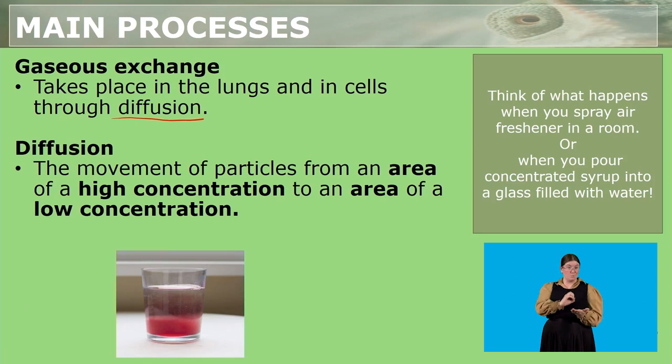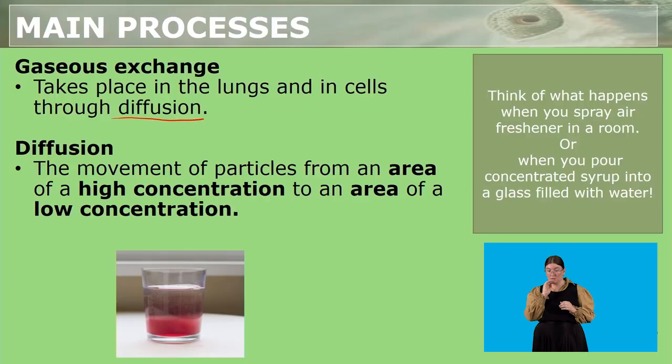The concentrated syrup is most likely to settle at the bottom, and if you stir or wait for a while, it will mix well together, and then it will have an equal distribution of taste or sugar in the cup. So diffusion defined, it is the movement of particles from an area of high concentration to an area of low concentration.